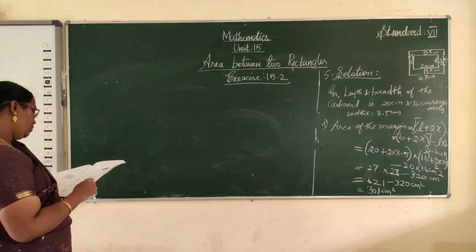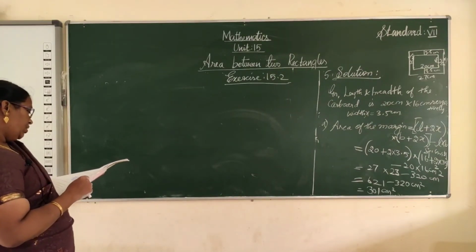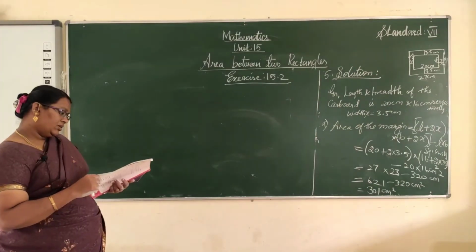Cost of cardboard used at the rate of 1 rupee 50 paise per square centimeter.